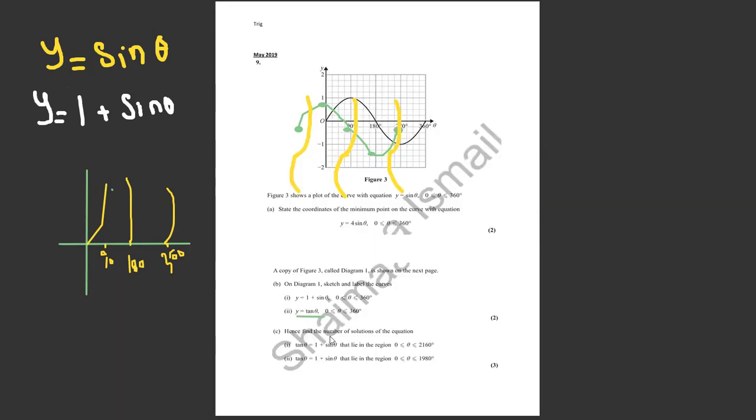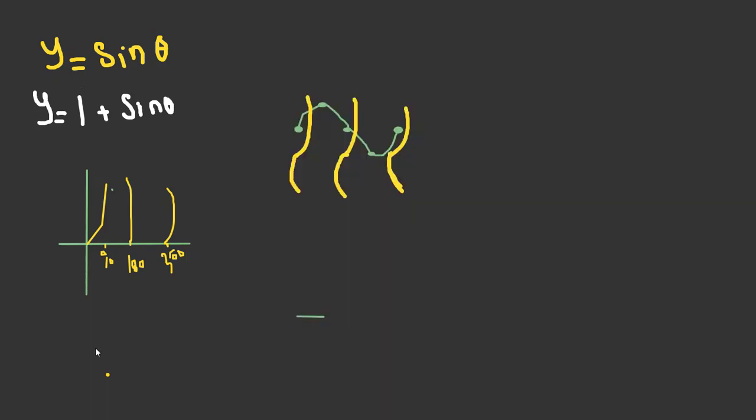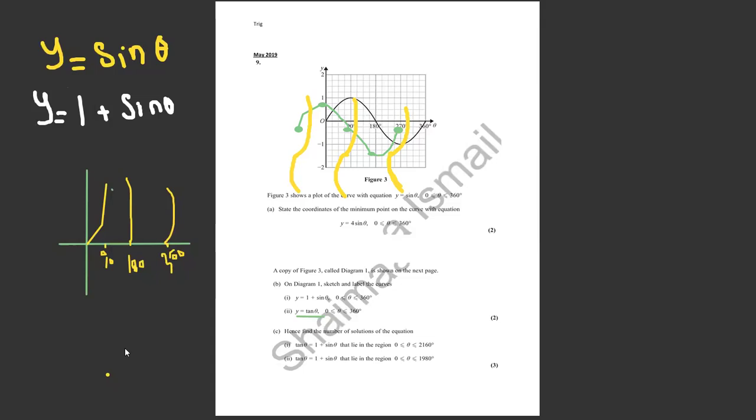Okay, hence find the number of solutions of the equation tan theta equals 1 plus sine theta in the region from 0 to 2160. So here we are targeting how many solutions. Actually, he gave you a weird number, 2160. How can you get this angle?